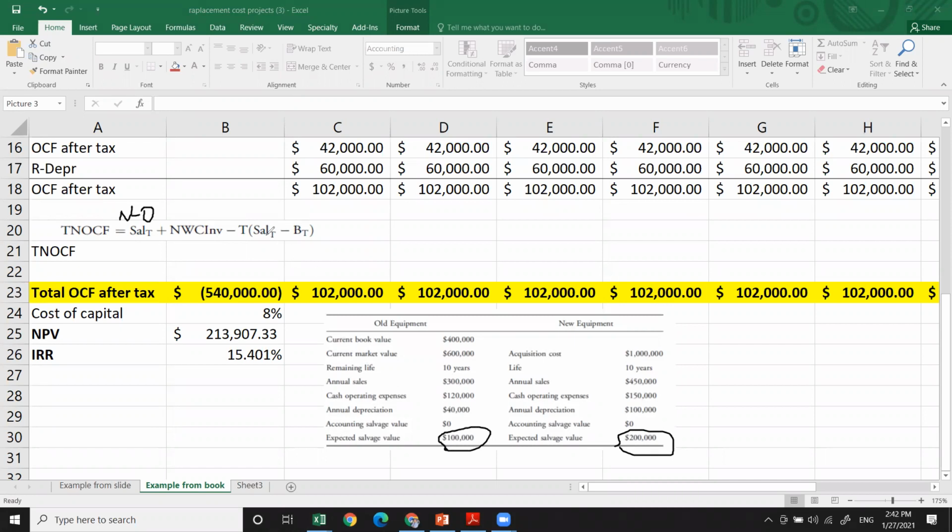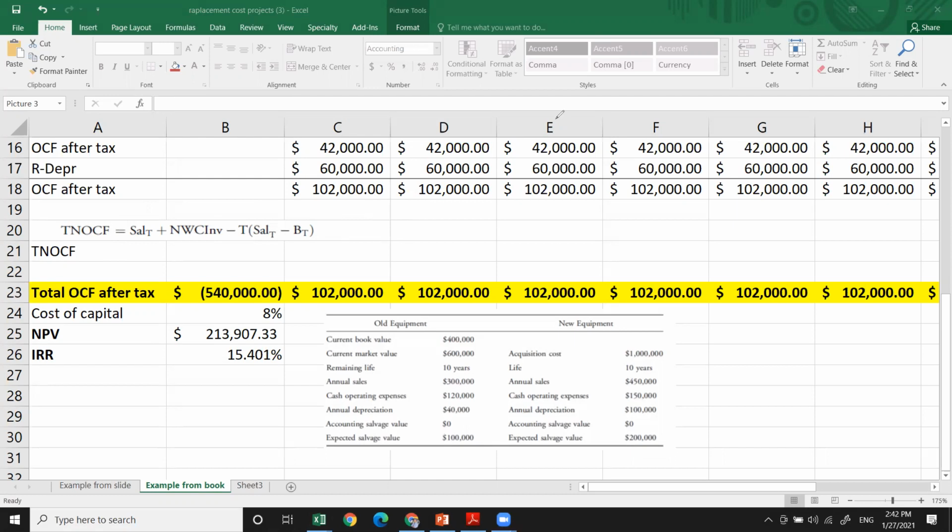Whatever you get here should be taxed and subtracted or added to the terminal non-operating cash flow, whatever the result we get.